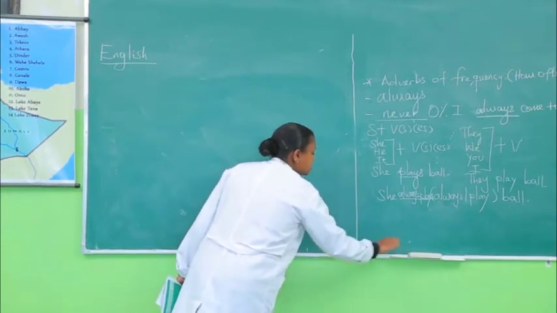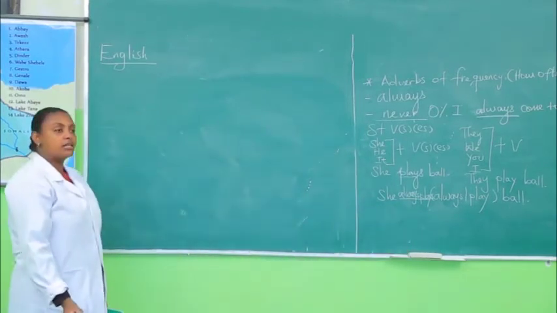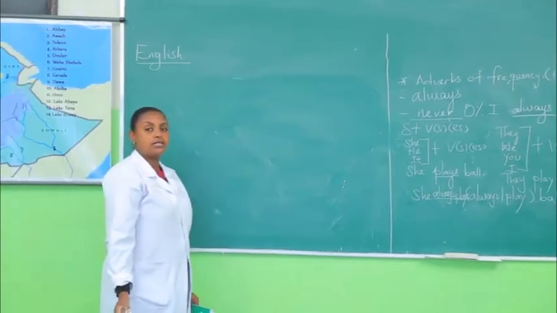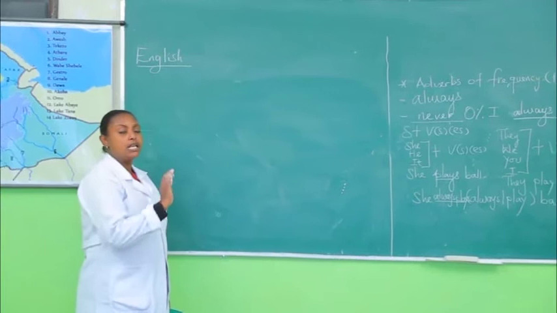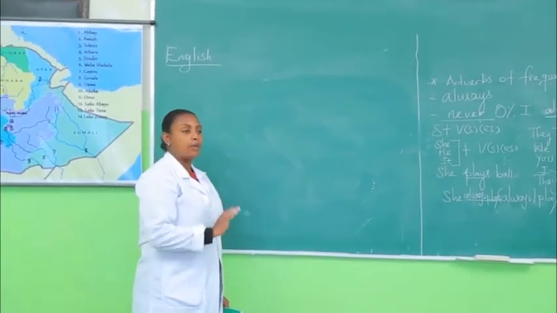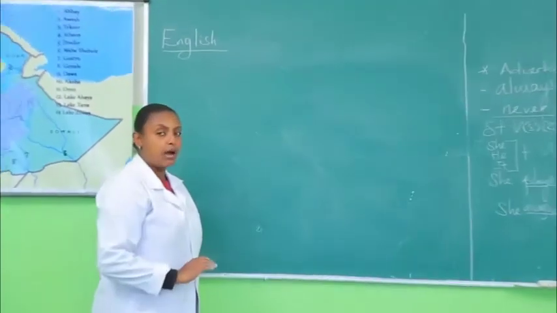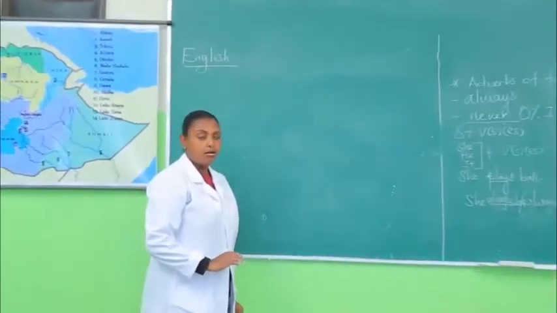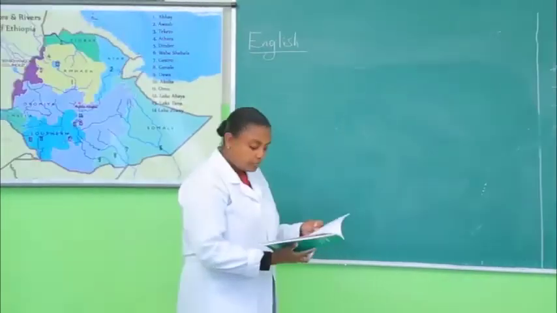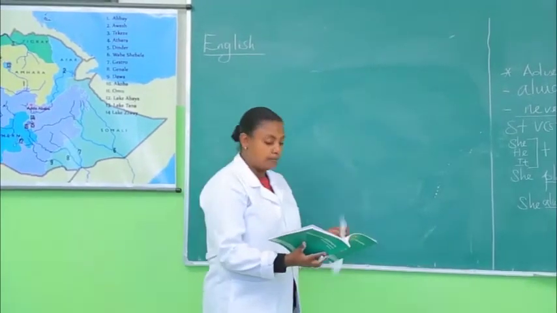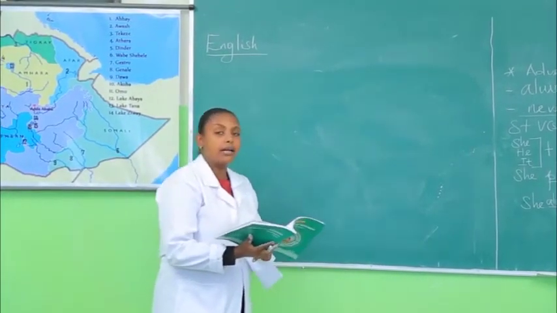How many punctuation marks did we discuss? Do you remember, students? Good, very good. Four punctuation marks: the full stop or period, a question mark, a comma, and finally capital letters. So on page 90 of your books, there is a paragraph given.